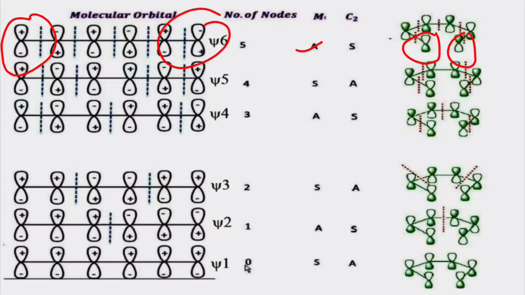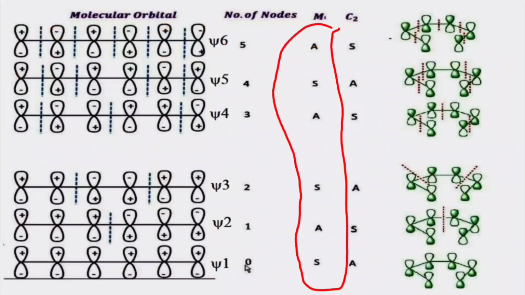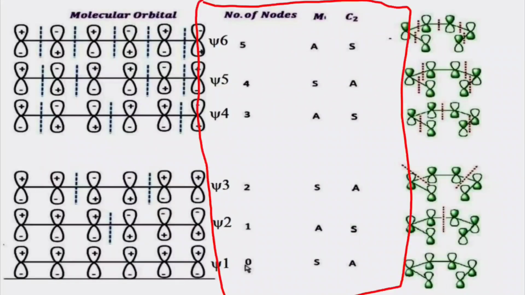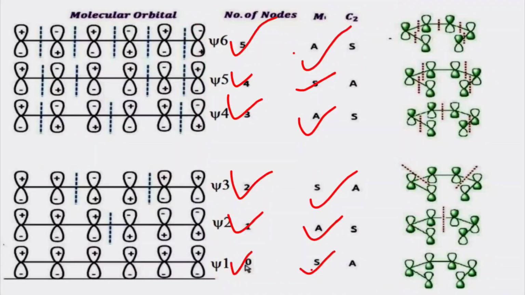That means here, as you see, the symmetry is alternate. Symmetric, asymmetric, symmetric, asymmetric, symmetric, and asymmetric. These are tabulated here in this way. So psi 1, psi 2, psi 3, psi 4, psi 5, and psi 6: symmetric, asymmetric, symmetric, asymmetric, symmetric, asymmetric with respect to mirror plane symmetry.